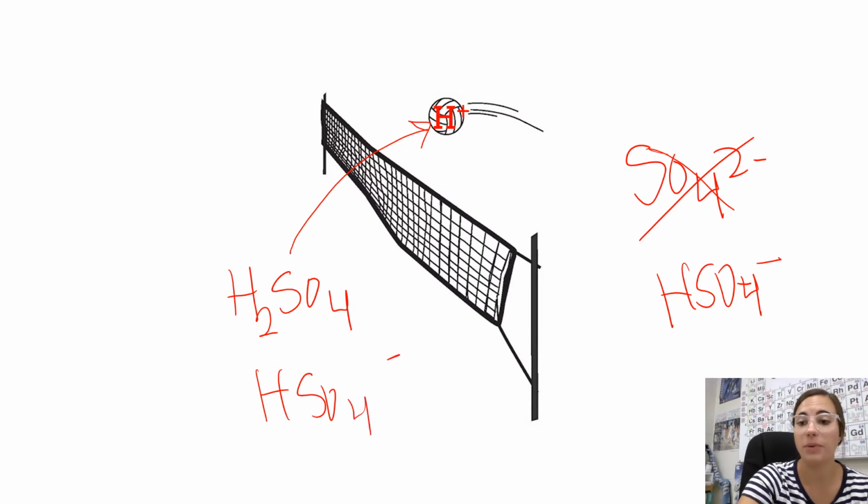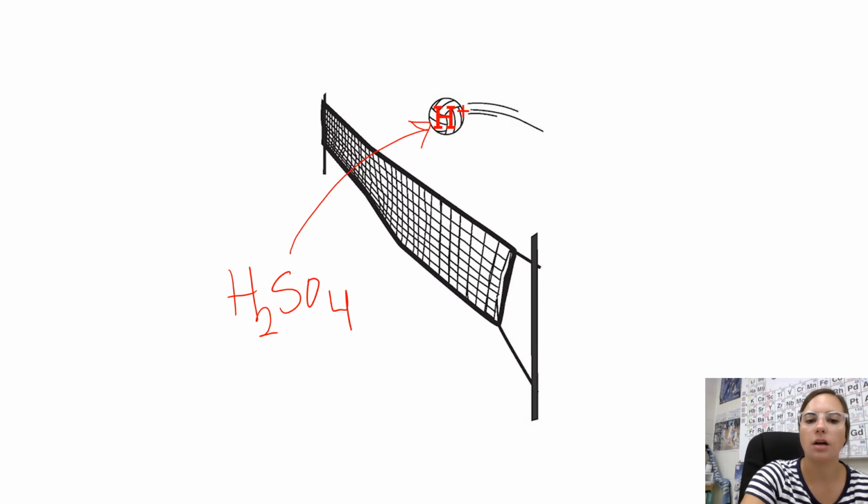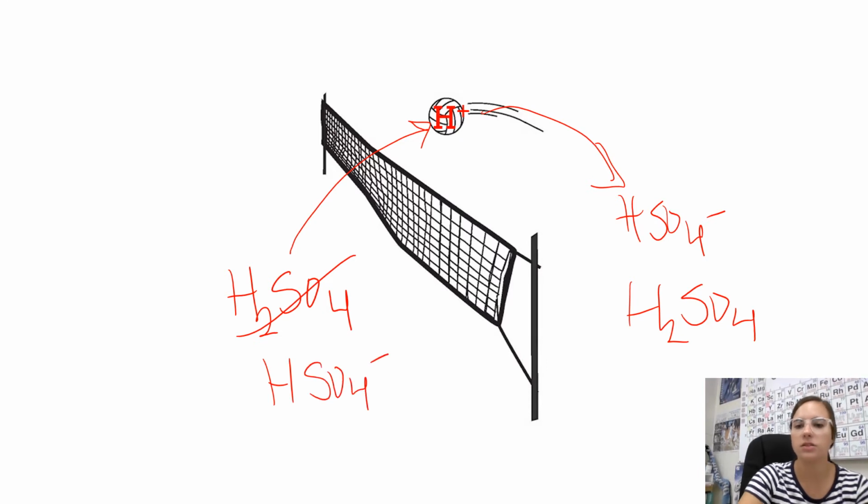Those are not pairs. So in order for this to be a conjugate acid-base pair, if my acid is H2SO4, then my conjugate base is HSO4-. Because now when that accepts, it becomes the conjugate acid H2SO4, and this becomes HSO4-. So now they are conjugate acid-base pairs.